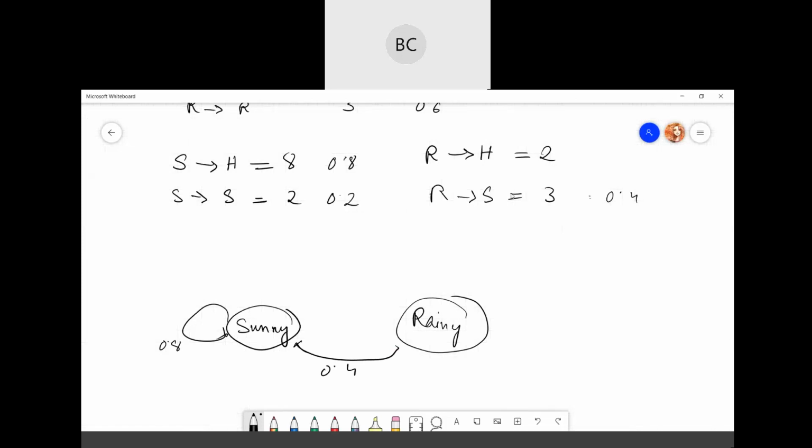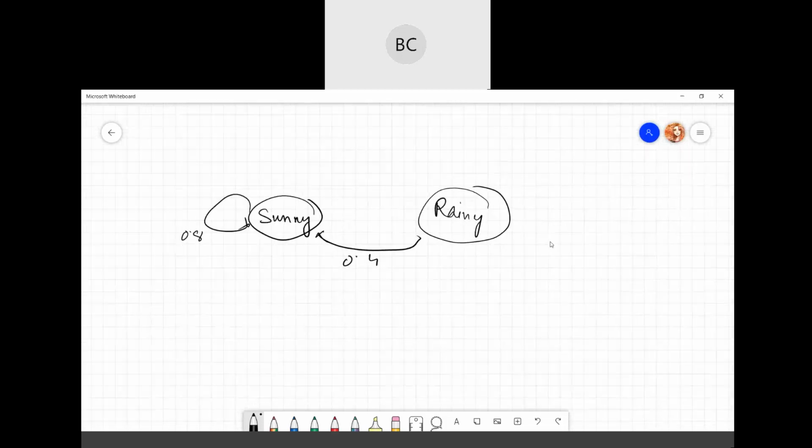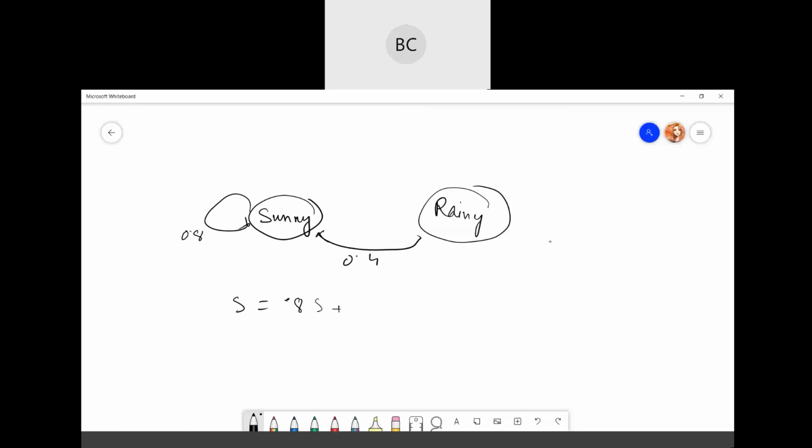Okay. So the condition for sunny will be 0.8 sunny days plus 0.4 rainy, depending on whether today is sunny or rainy. Then again, you will see the same thing from rainy to rainy.